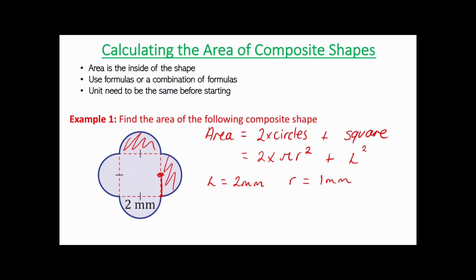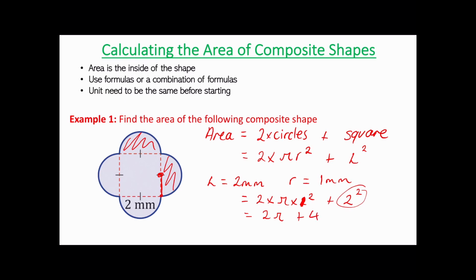Next, I'm going to substitute those into my formula. Be careful that you substitute the correct bits where they need to go. 2 times pi times 1 squared gives me 2 pi, and this bit here is going to give me 4.